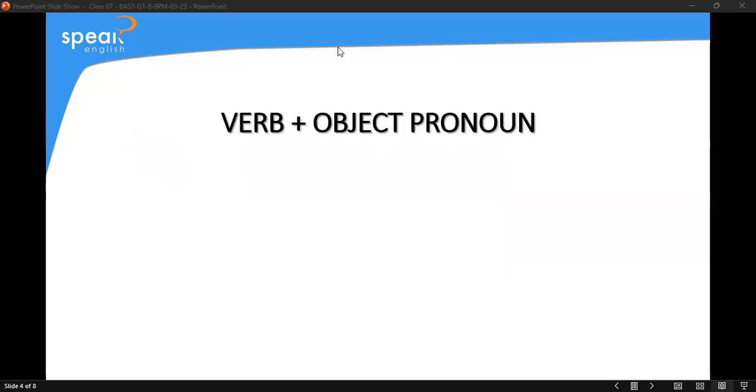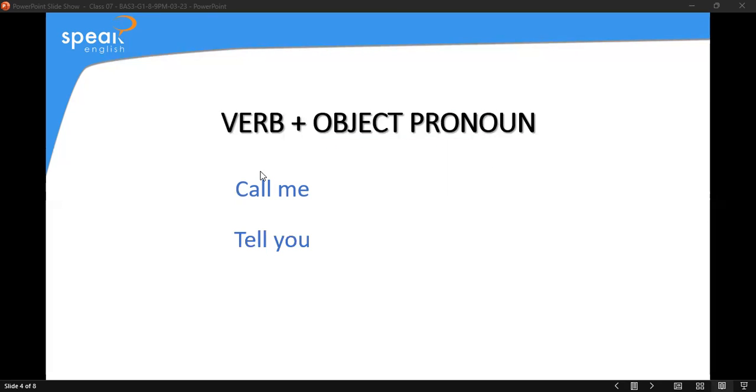All right, so this is the structure that we are going to follow in order to create sentences. For example, in this case, I have this example. Can you read the example, Carla, please? Call me. So in this case, what is the verb? Call. Excellent. So me is the object pronoun. Okay, very nice. Let's continue.